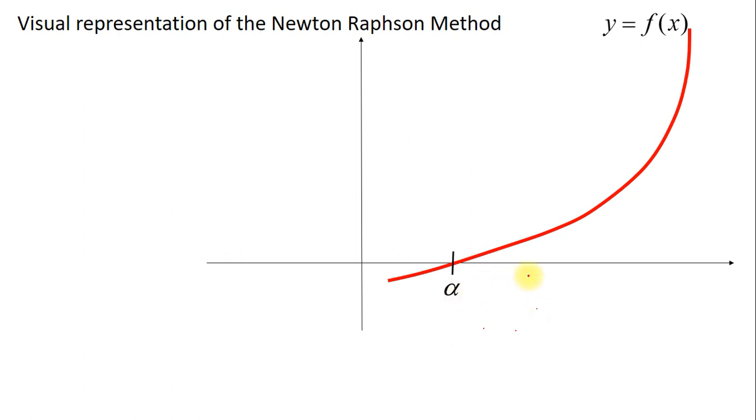So for this case, let's say we use x0 as the initial approximation. Now x0 represents a number. If I substitute x0 into the function, you will get f(x0) here.